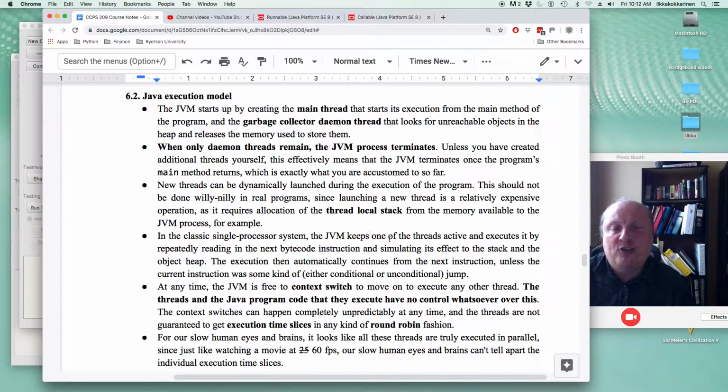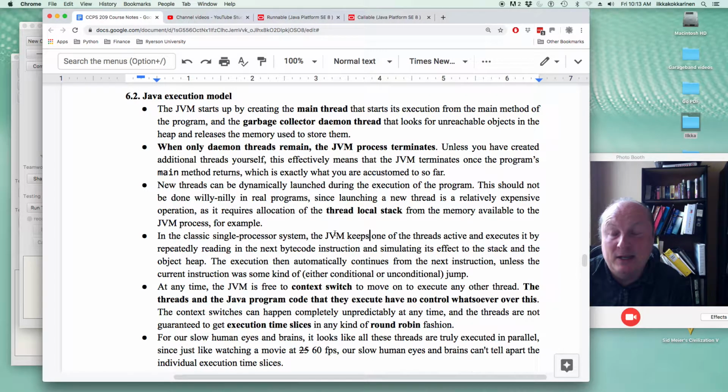So one of these threads at any given time is active. That's the one whose next bytecode instruction the virtual machine reads and executes, simulating the effect of the instruction in the object heap and the local variable stack, and then moves on to the next instruction, which normally is the next one in memory.